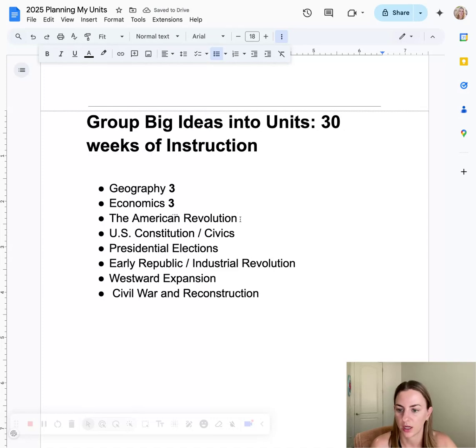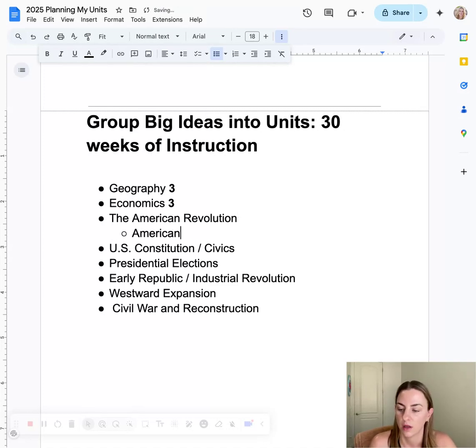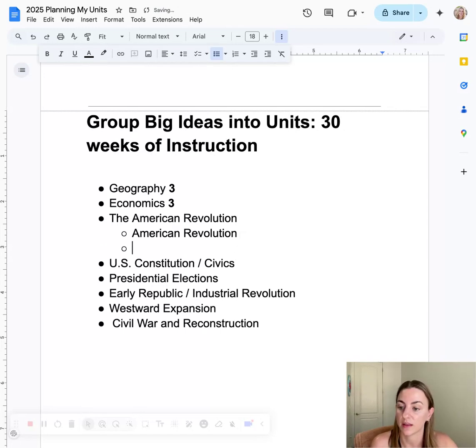American Revolution, well, I have an American Revolution unit that's like the events leading to the war, and then there's a Revolutionary War unit. Both of those are 3-week units, so that would be 6. Okay, the Constitution unit is 3 weeks. The elections unit is 1 week. The early republic unit is 3 weeks.